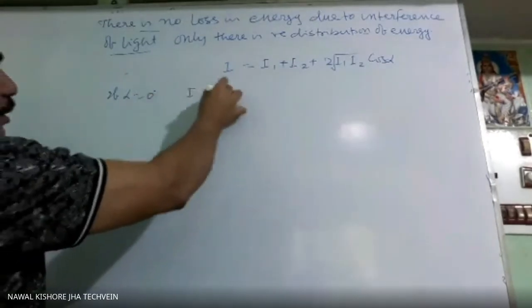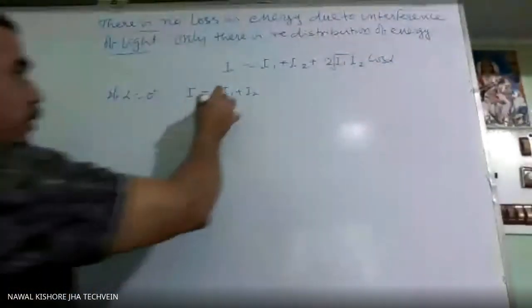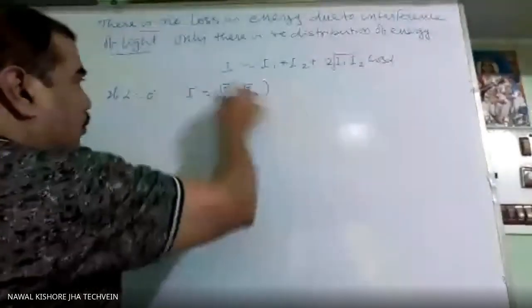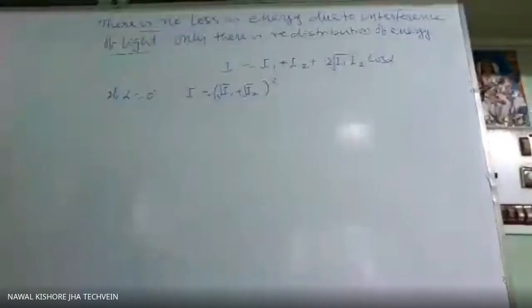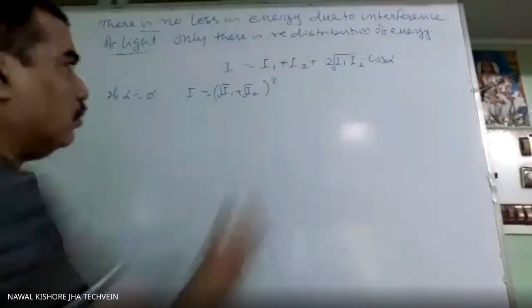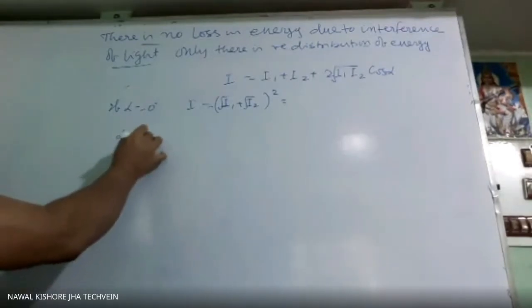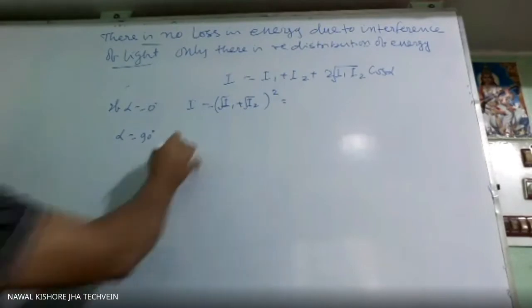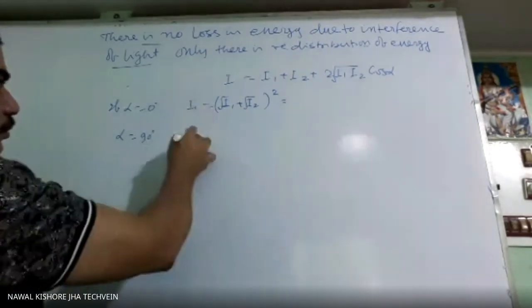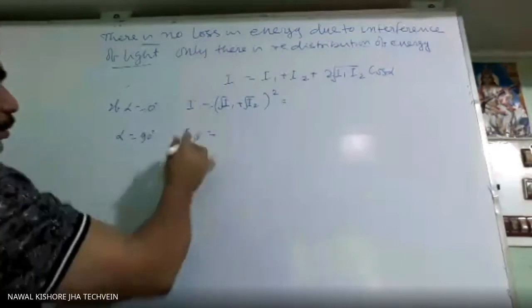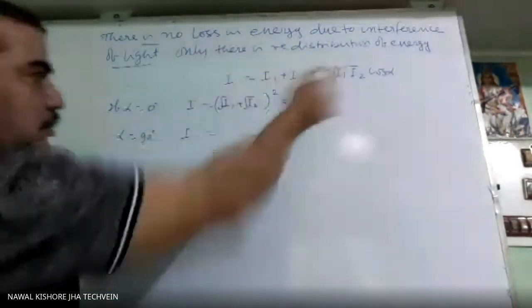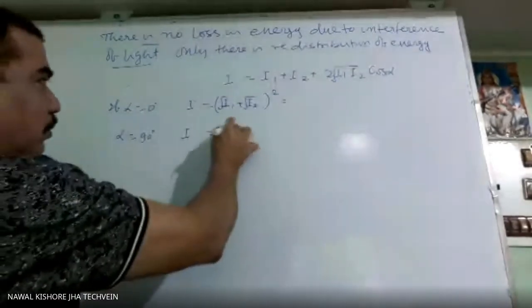This I is I1 plus I2 plus 2 under root I1 I2, that is, root I1 plus root I2 whole square. When alpha is 90 degrees, what is happening? Cos 90 is 0. So it is simply I1 plus I2.